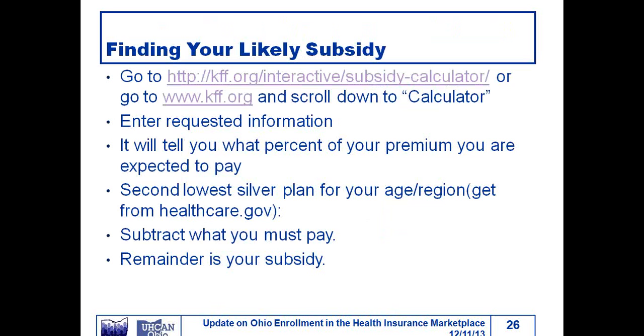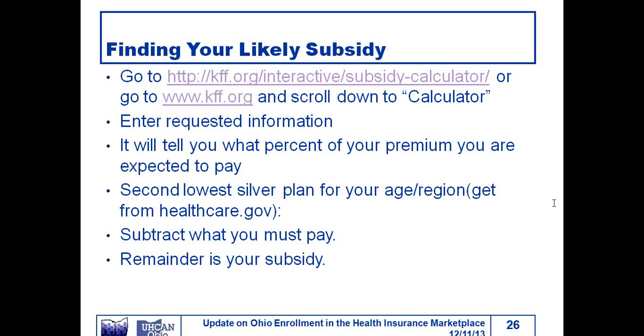Then if you want to find your likely subsidy, so this is assuming you're not going right now through healthcare.gov, you're just trying to get a general idea of what the ballpark figure is going to be. You can go to the Kaiser Family Foundation website, either the link that's there on the screen or just kff.org, and then scroll down to calculator. You enter the requested information. It will tell you what percent of premium you are expected to pay.